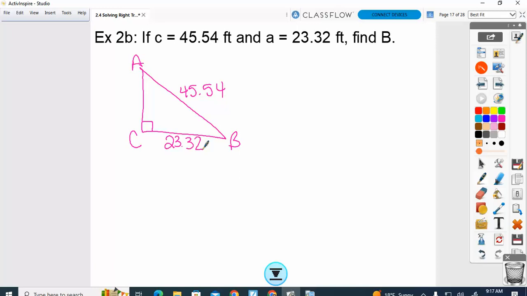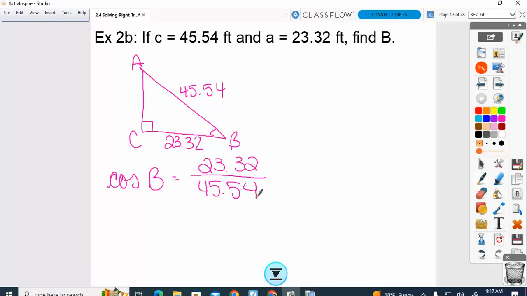So from angle B, these sides are my what? Opposite, adjacent, hypotenuse, what are they? Adjacent and hypotenuse. What trig function involves adjacent and hypotenuse? So I could say that cosine from angle B equals my adjacent side, 3.32, divided by my hypotenuse, 45.5.